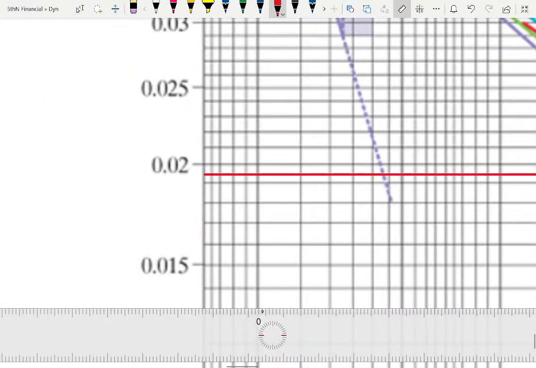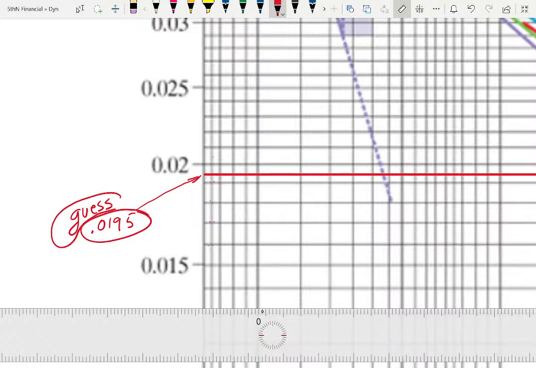This is the value if it's completely turbulent. So let's see, 0.15, 6, 7, 8, 9, 10, 16, 17, 18, 19. 0.0195. How about we just guess this value?